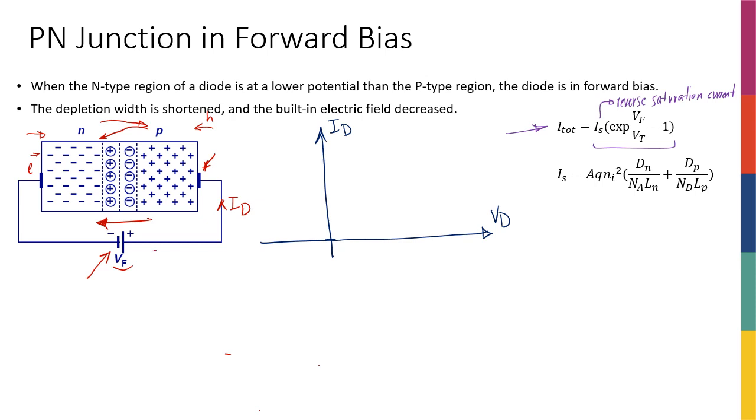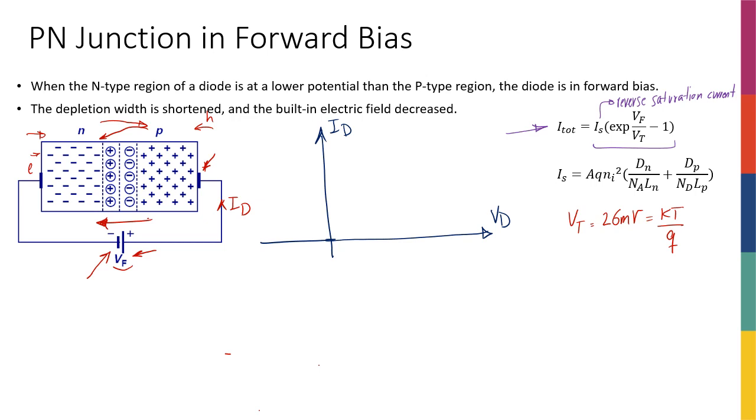So this is our Vf. And Vt, if you remember, we have defined in the past that Vt is our thermal voltage. It's equal to 26 millivolts. It's our kT over q, right? So this is a constant. Vt is constant, at least at room temperature.